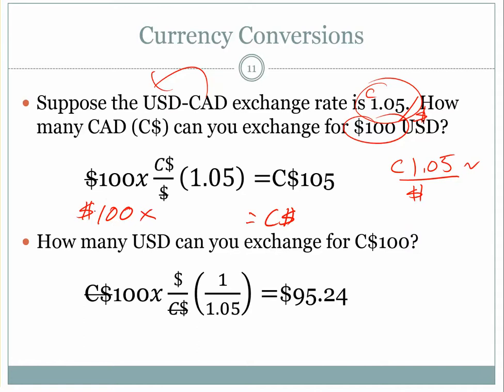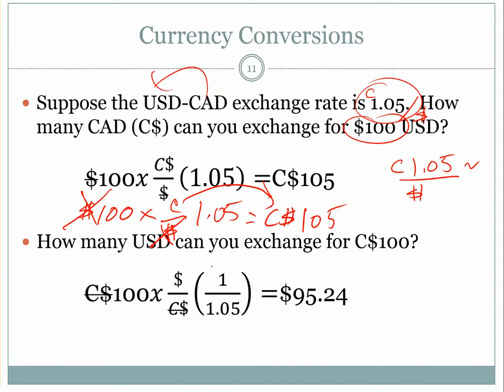Well, if you just remember back to cross multiplication, if I were to multiply this by an exchange rate, that would be CAD per dollar. The dollars would cancel out, and the Canadian will go forward. So in this case, I'm going to use 1.05 CAD, and that's the answer. You can exchange $100 for 105 Canadian.